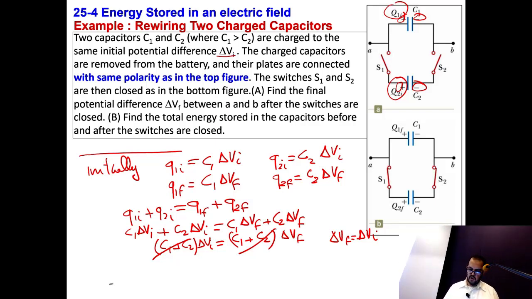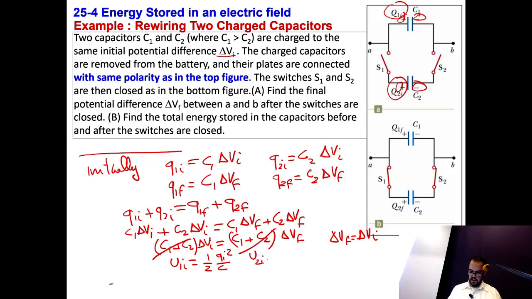Find the total energy stored in the capacitors before and after. Here, U1 initial, we can use any of the equations, so let's use 1/2 of Q1 initial squared divided by C1.